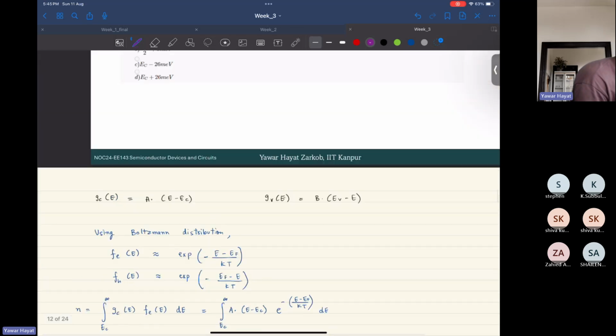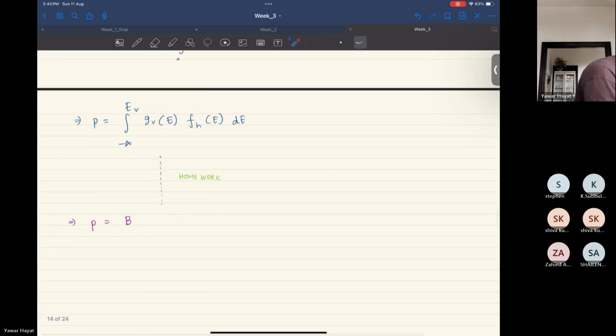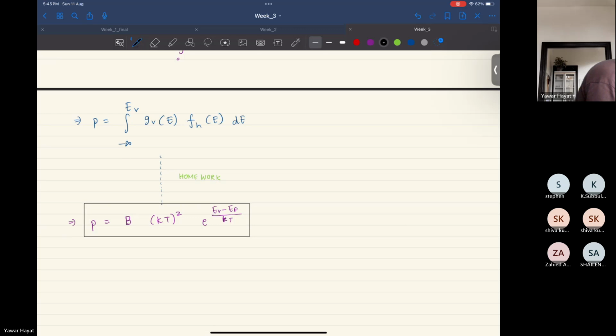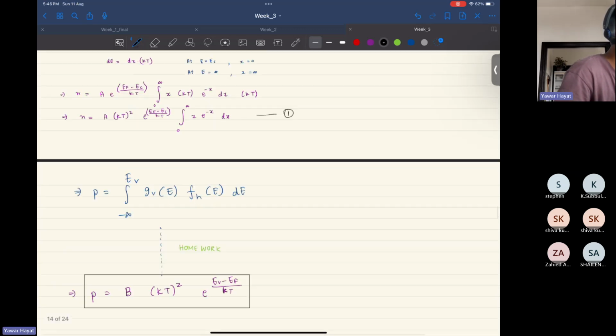Because you do have a B factor here in GV of E. B KT squared, your exponential of EV minus EF by KT, right?